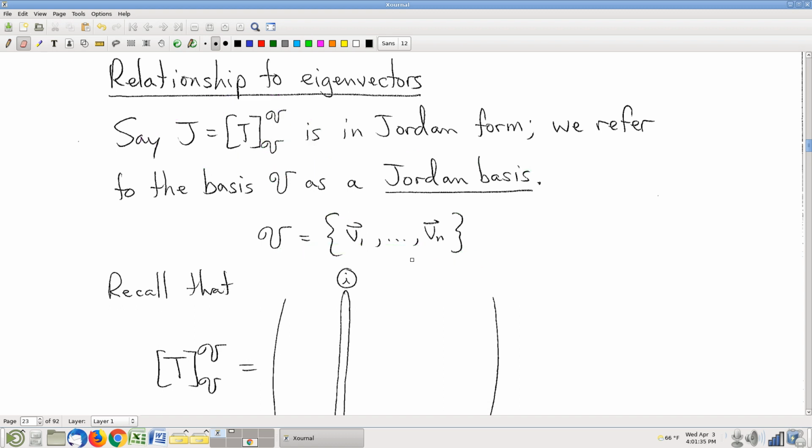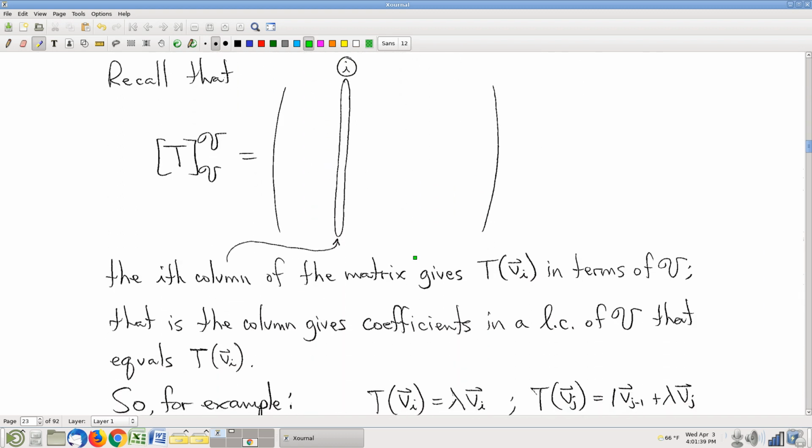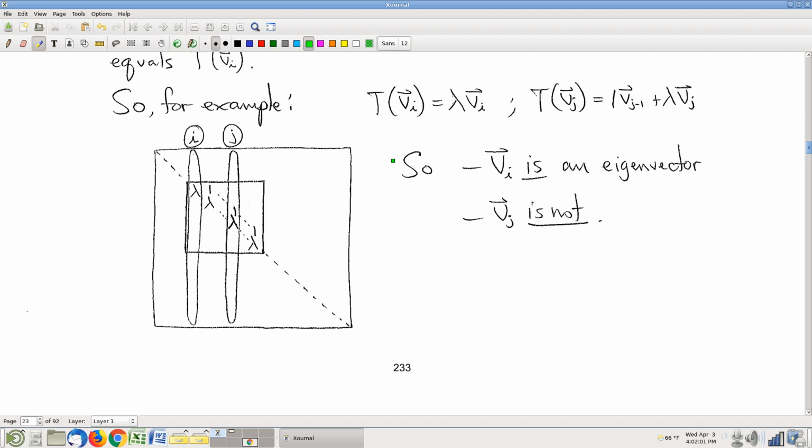And again, let's remind ourselves from section 5.3, what do columns tell us in a matrix? Columns are what you get when you take input basis vectors, put them into the transformation, and write the output in terms of the output basis. So let's apply that to a Jordan form and see what happens.